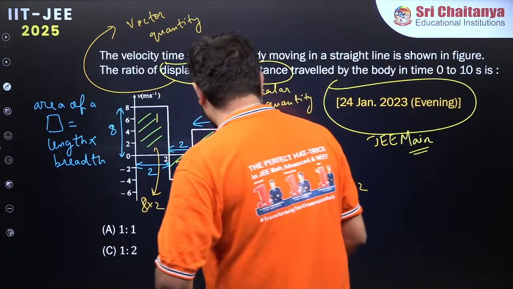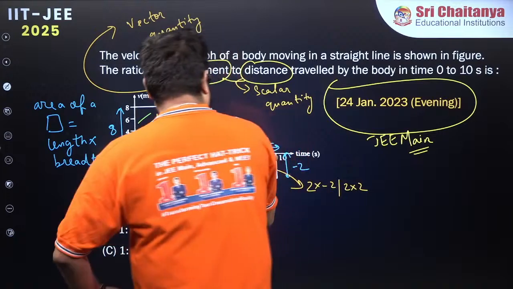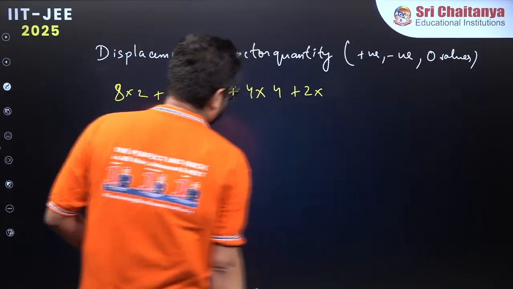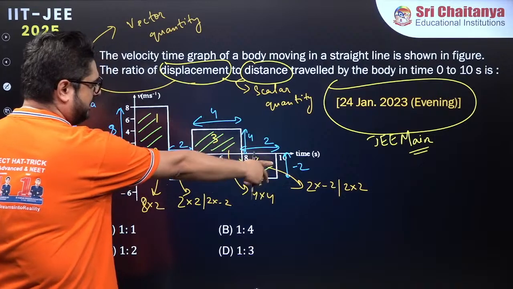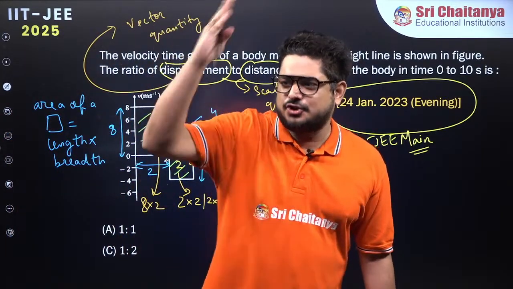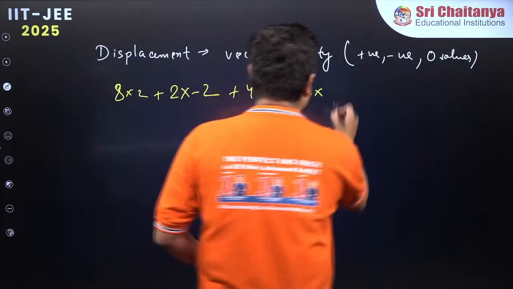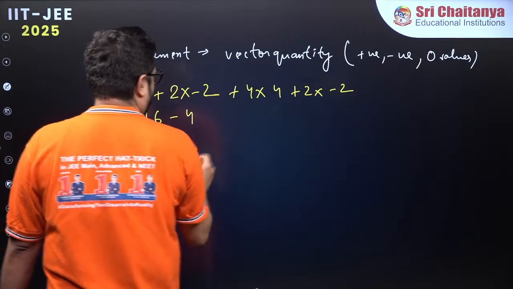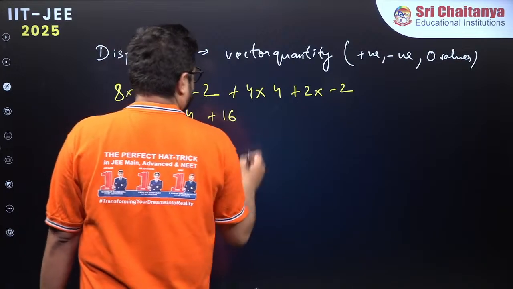What needs to be done over there? The length is 2 into, now what's going to be the breadth? Breadth has to follow the sign convention, minus of 2. So I will be getting 16 minus 4 plus 16 minus 4.